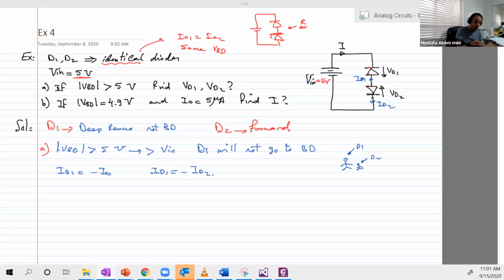But ID1 is equal to minus I naught, so ID2 is equal to minus minus, which is positive, so positive I naught. So far we are in good shape because D1 is in deep reverse, so its current is minus I naught and it must be negative. D2 is forward, so its current must be positive.